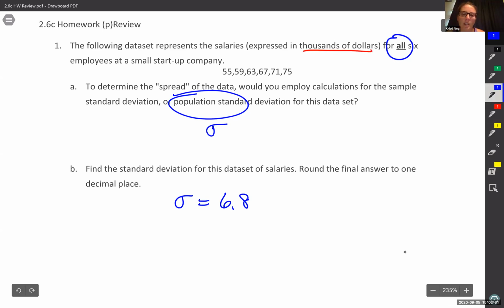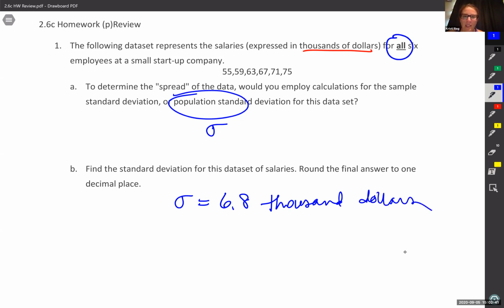So there's two ways you can answer this. You could say $6.8 thousand, or to round it to one decimal place, look at all the decimals in your calculator, and you could say 6,831.3. That's just another way to write it, because I already multiplied it by 1,000.